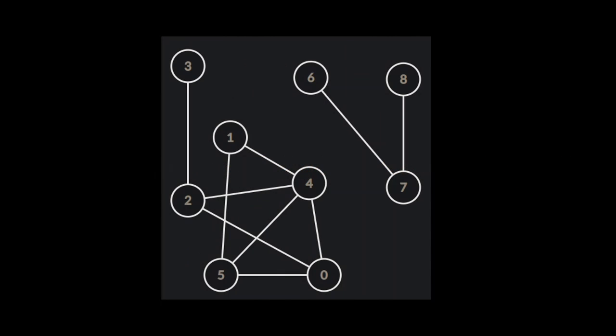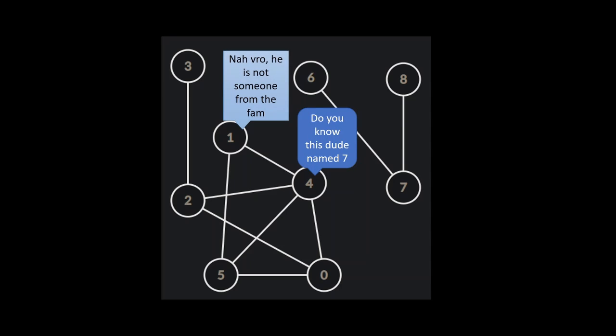I was talking about graphs with disconnected components. We can see that here 1 and 4 share some kind of bond, but 1 and 7 don't, and 1 and 6 don't, because these are disconnected graphs.